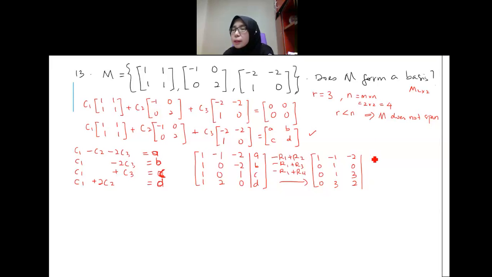Here A, then B minus A, C minus A, then D minus A. Okay, this is the result after you perform these 3 formulas. Then I would like to zeroize these 2 numbers by using 2 formulas, negative R2 plus R3 and negative 3 R2 plus R4. Okay, I'm going to use those 2 formulas.